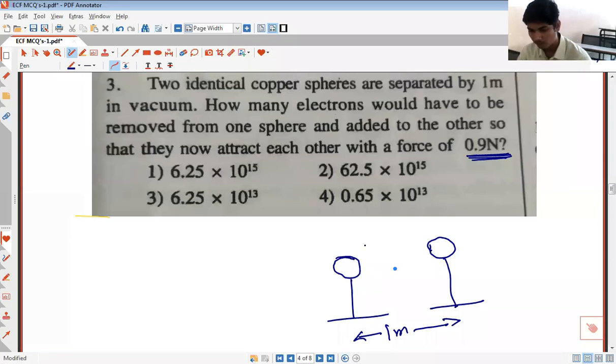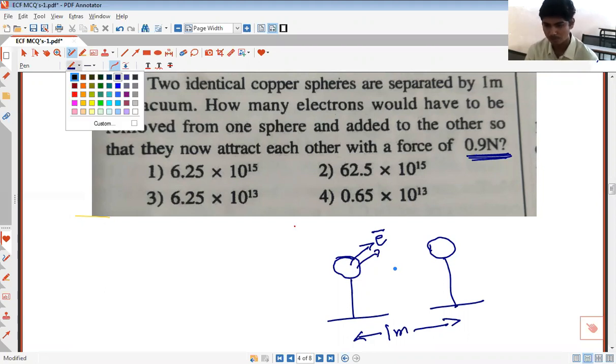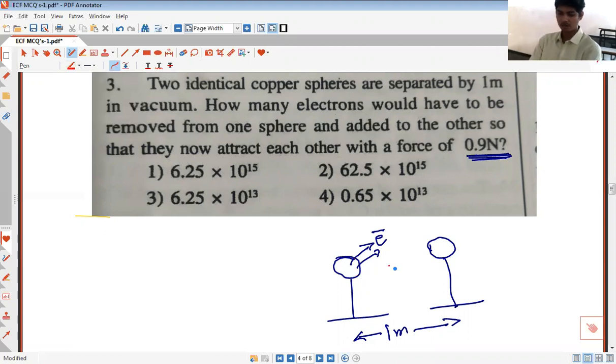Suppose we are removing electrons from this sphere. If I remove electrons from this sphere, it acquires a positive charge.